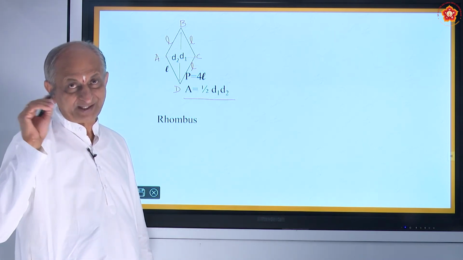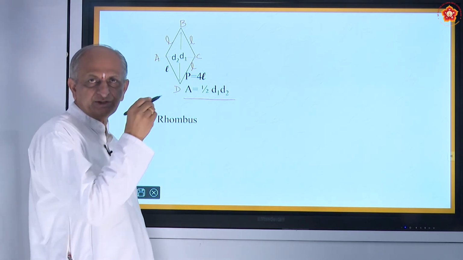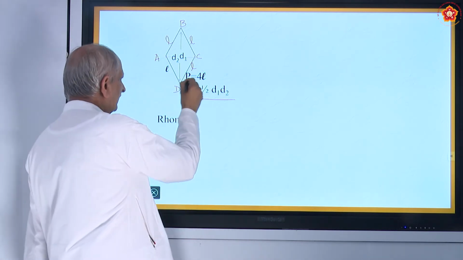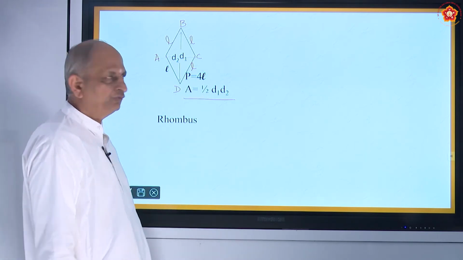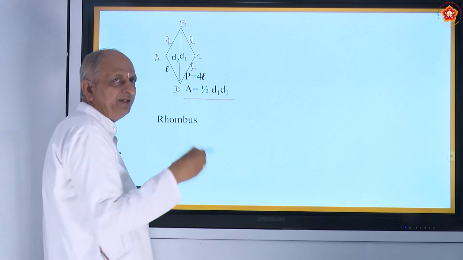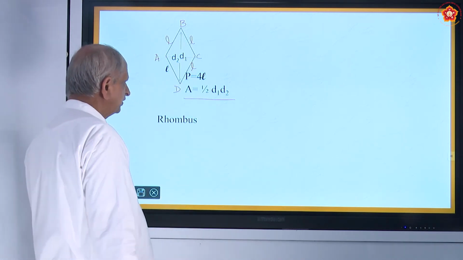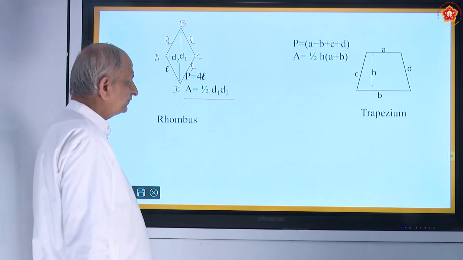So know the formula correctly. Already we have seen 3, this is the 4th one, and perimeter is given by the formula 4 into L. You may call it A also, B also, whatever it is, but 4 times you must take because all of them are equal. So that is about rhombus.